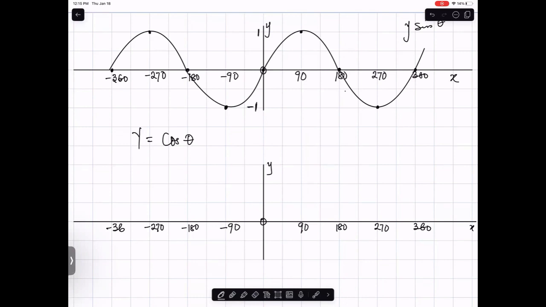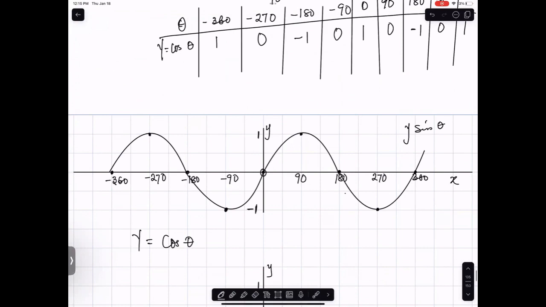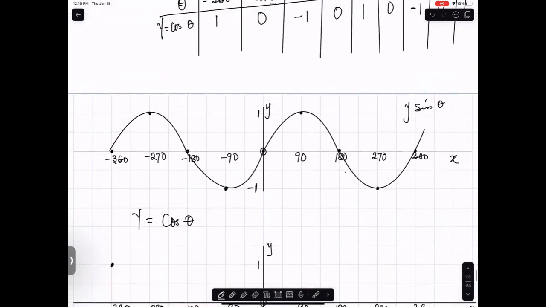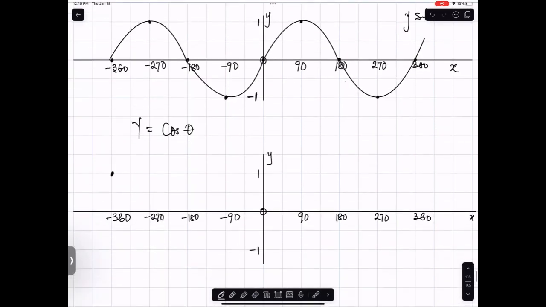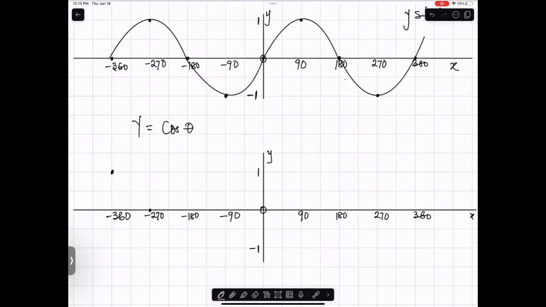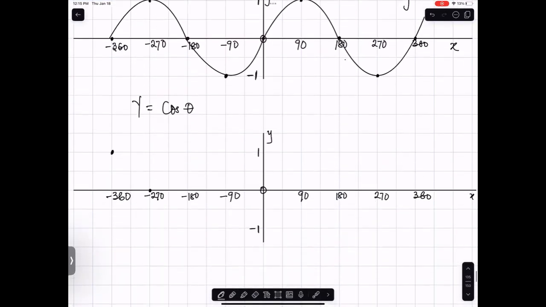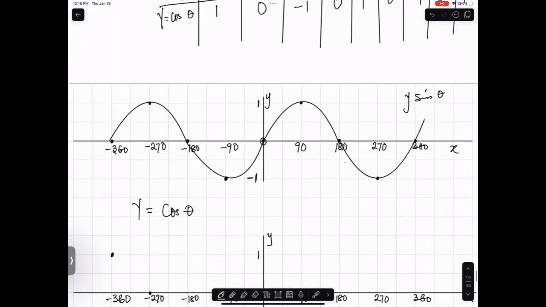So we plot our values. We have here as 1, here as negative 1. So when theta is negative 360, our y is 1 here. When theta is negative 270, we have it as 0. When theta is negative 180, we have it as negative 1.